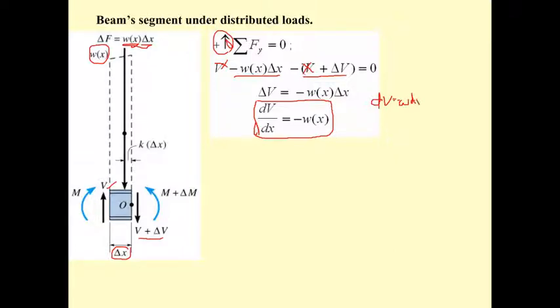Then if you integrate this from, let's say, A to B, you will get V sub B minus V sub A. This is the change of the shear force between A and B, and it is going to be equal to minus the integration from A to B of the distributed load w dx.